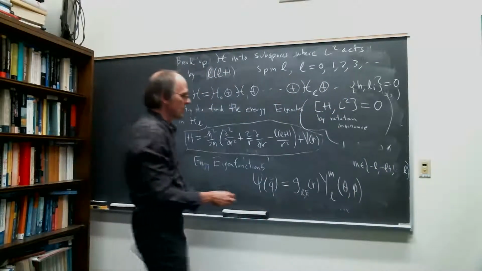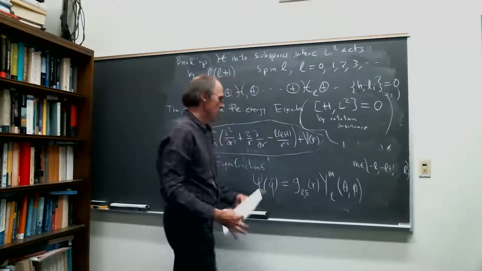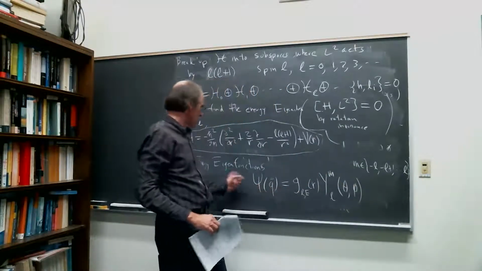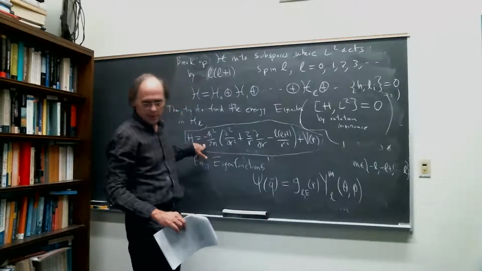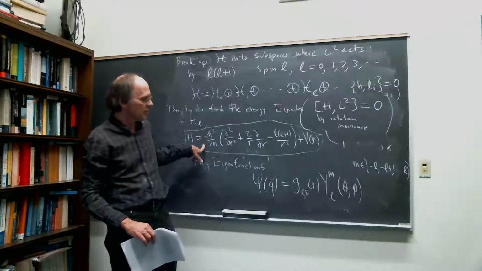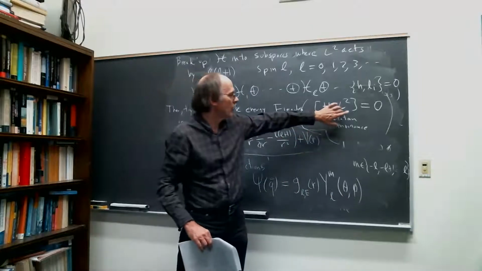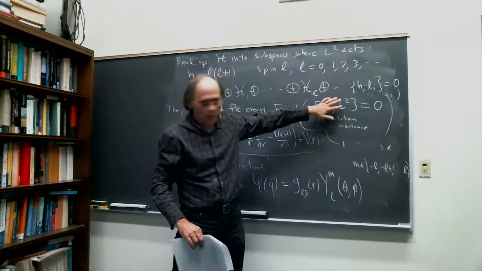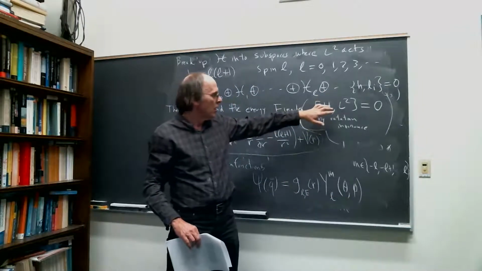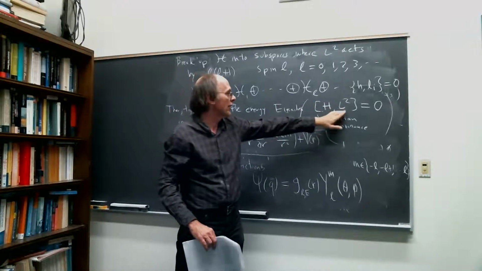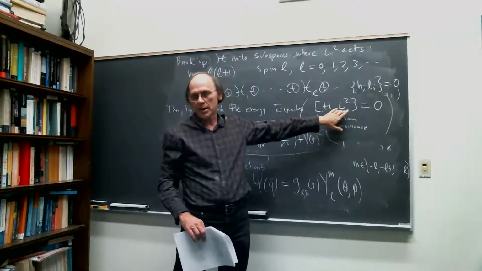So in terms of the eigenfunctions of this operator, we've broken the problem up into the angular dependence, which we've solved from what we know in representation theory, just by looking at the eigenfunctions of this L squared operator.